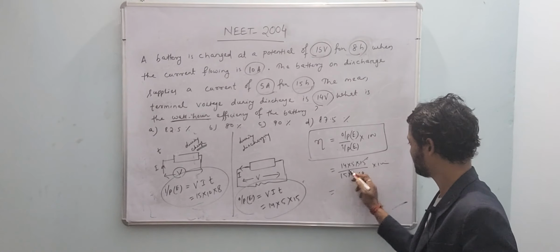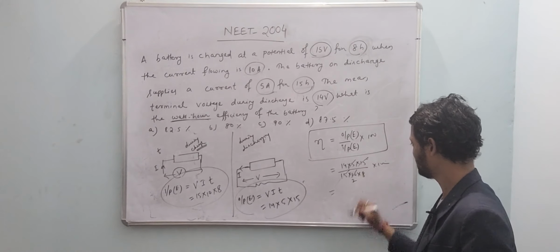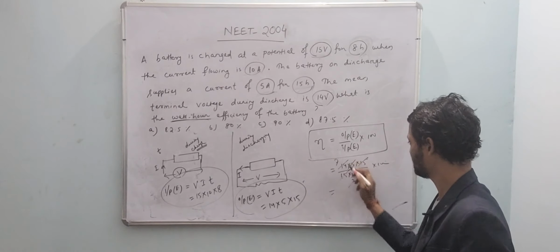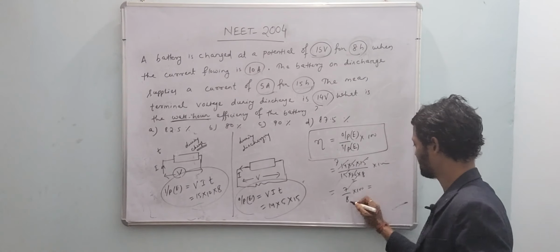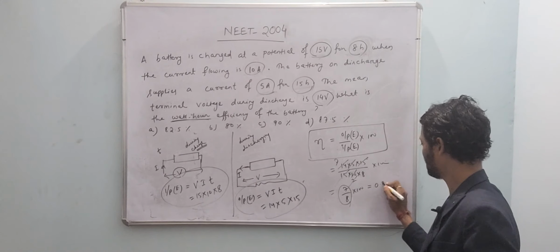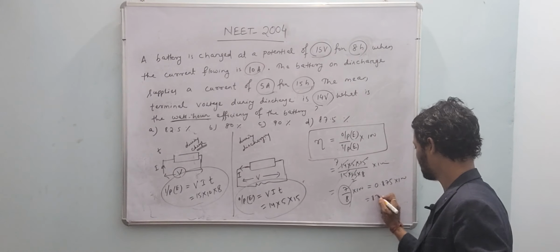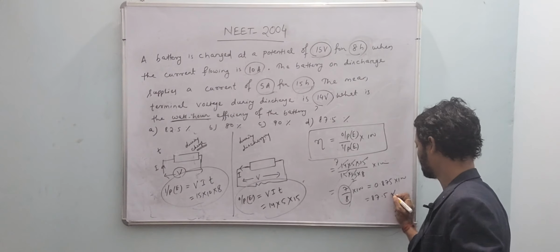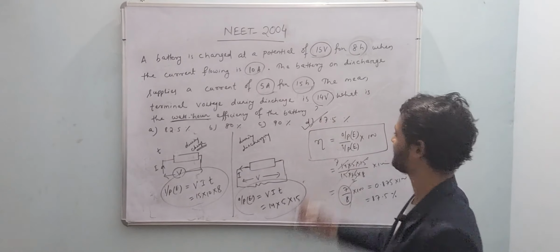Okay, 15 cancels, then 5 and 10 gives 2, and 14 by 2 gives 7, so your answer is 7 by 8 into 100. So 7 by 8 is 0.875 into 100. So the answer is 87.5%.